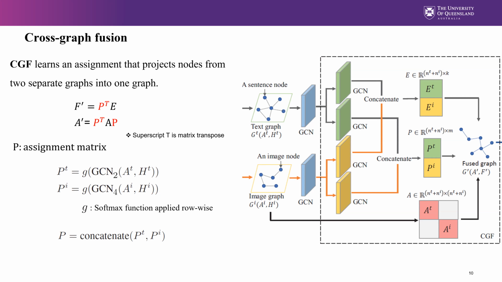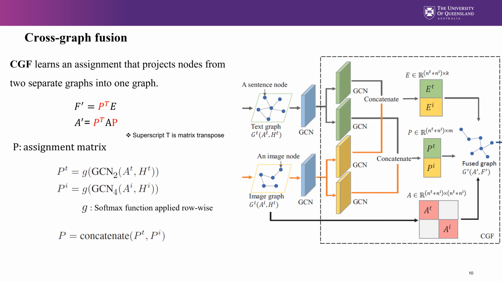The node feature matrix F prime and the adjacency matrix A prime can be computed from the learned assignment matrix. But how could we get P?